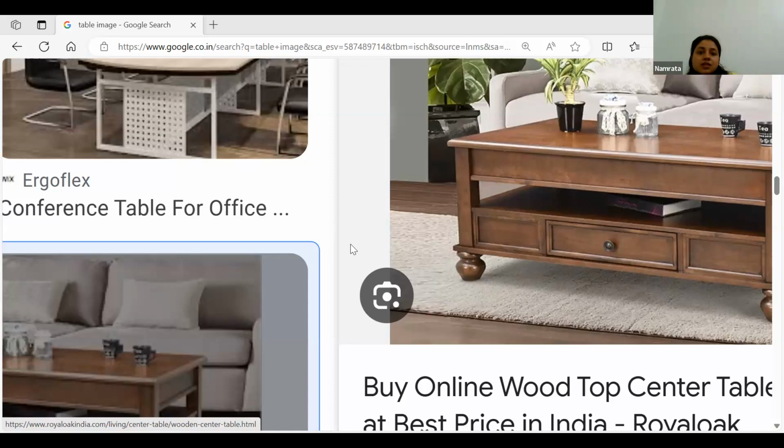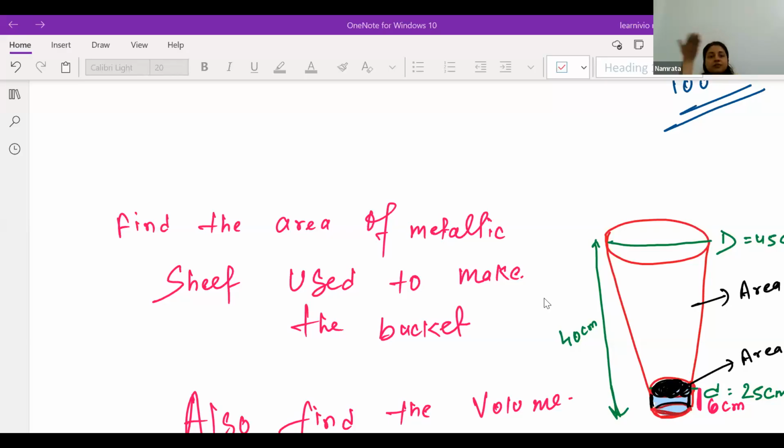Okay, so let's get back to our figure. Now you will be able to visualize that in our figure we have a bucket where the bottom will be there, and a frustum of the cone will be there. There is a formula for that, but that formula is applicable when both the ends are empty.